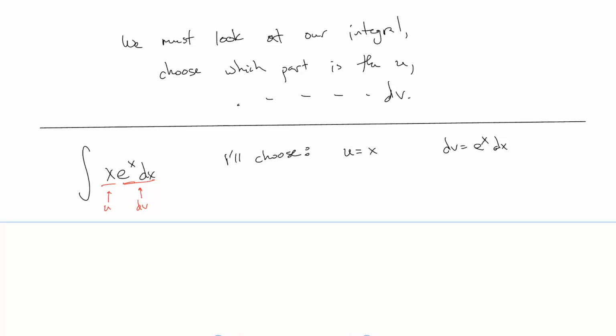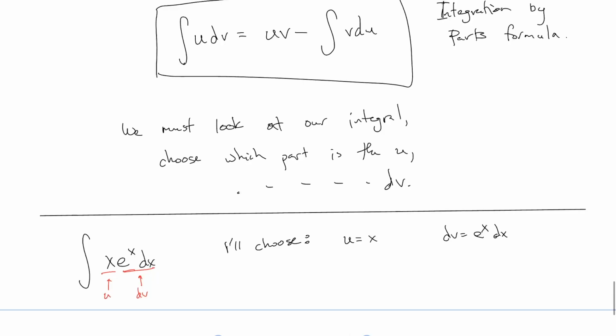Now I intend to use the formula in the box up there. Integral u dv equals uv minus integral v du. In order to use the thing on the right-hand side, like what I chose here, I do actually have integral u dv, right? Now I'm going to use this stuff. This stuff involves v, and also du.